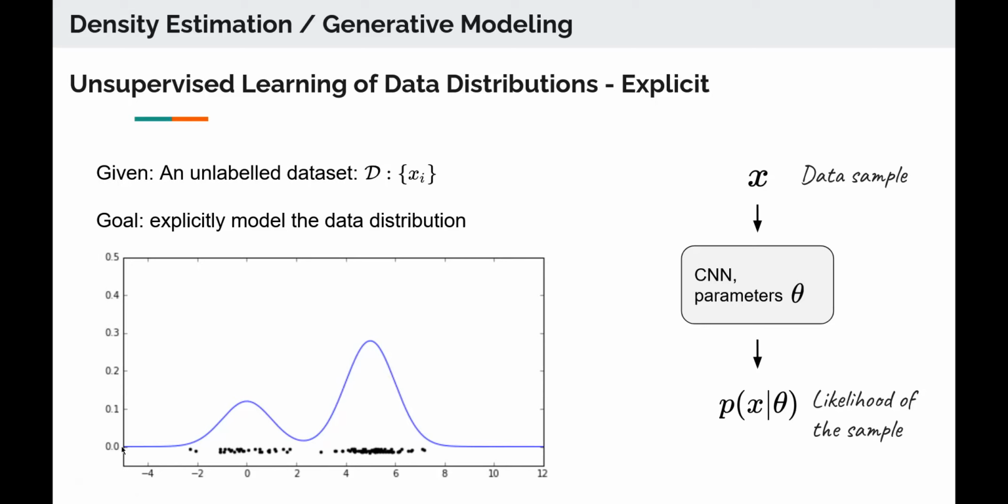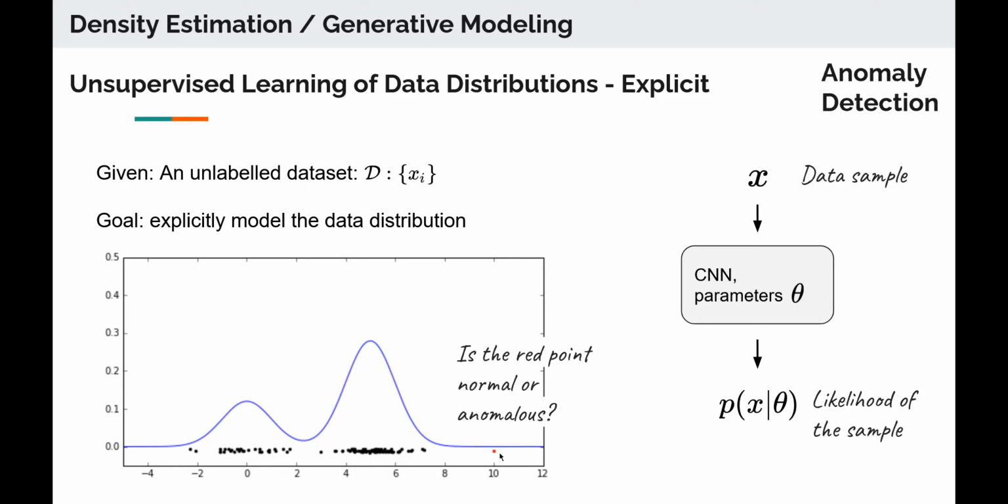Before we go into how we go about building this function from the data itself, let's look quickly at how this function can be useful once we have it. One use case would be that if after training, we get a new data point here, then we could ask the question whether this data point is normal or anomalous.